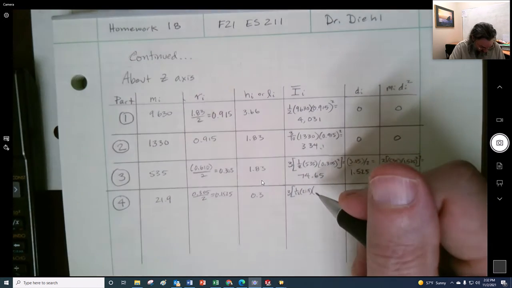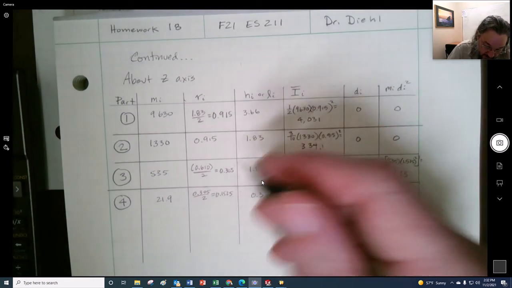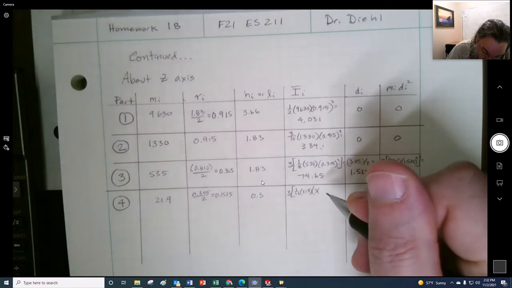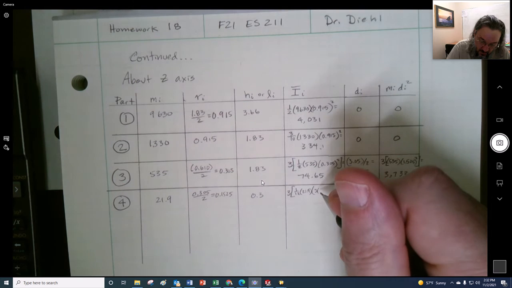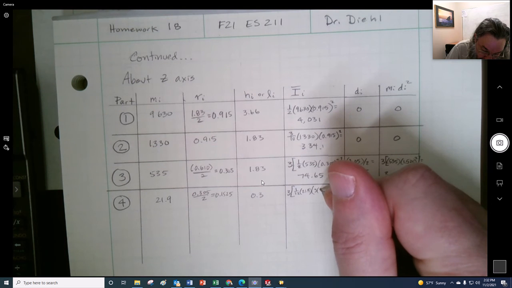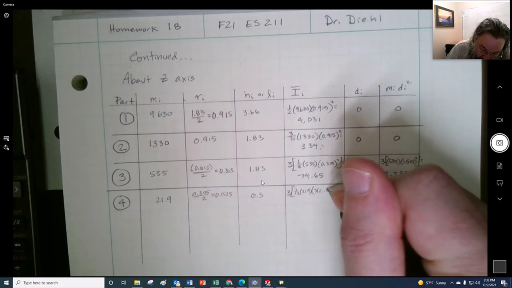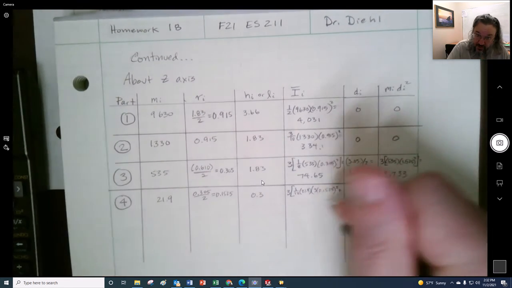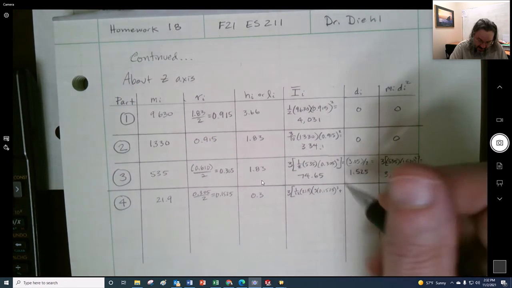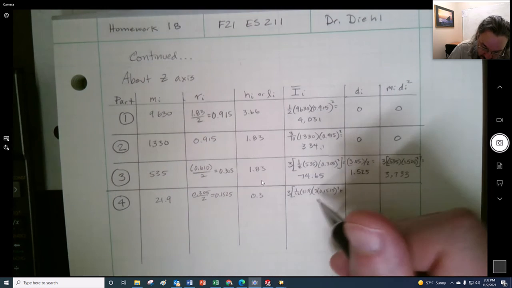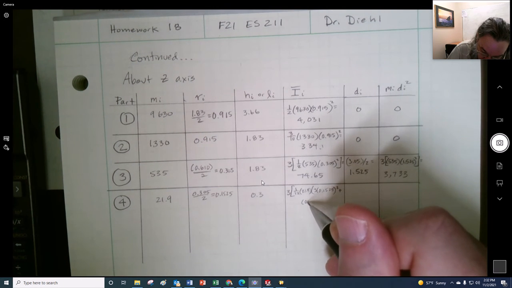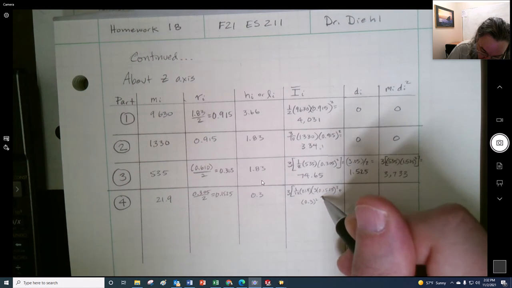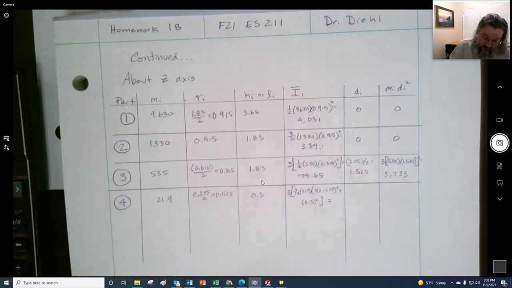And now we go 3 times the radius squared, 0.1525 squared, plus, so we're going to have to continue the line down, L squared, which is this, 0.3 squared, right?